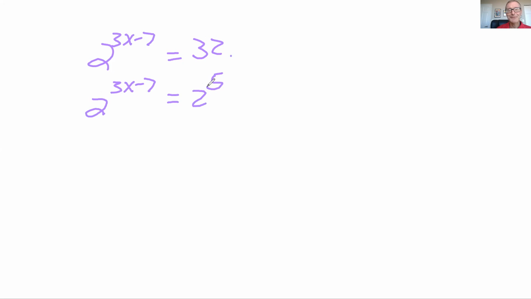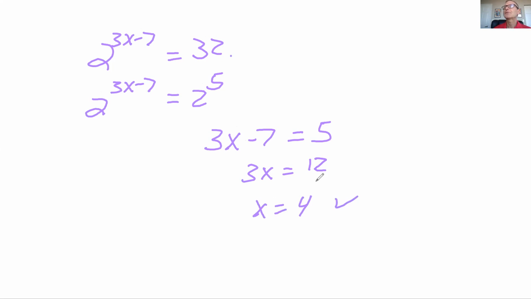And get out your fingers and figure that out. And so you could see that 3x minus 7 equals 5. 3x, bring minus 7 over and add that, you get 12. And you could see x would equal 4. So, the strategy is trying to make the bases the same.